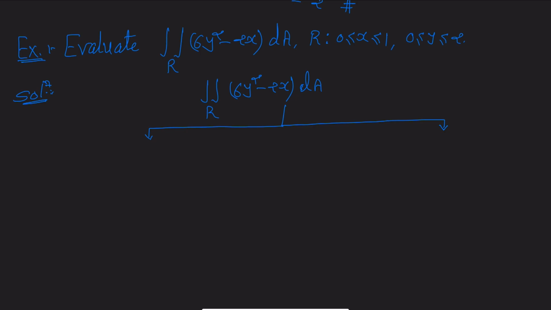This integral, say this is I, is equal to either you can write double integration over R of 6y square minus 2x dy dx, or you can write this as 6y square minus 2x dx dy.